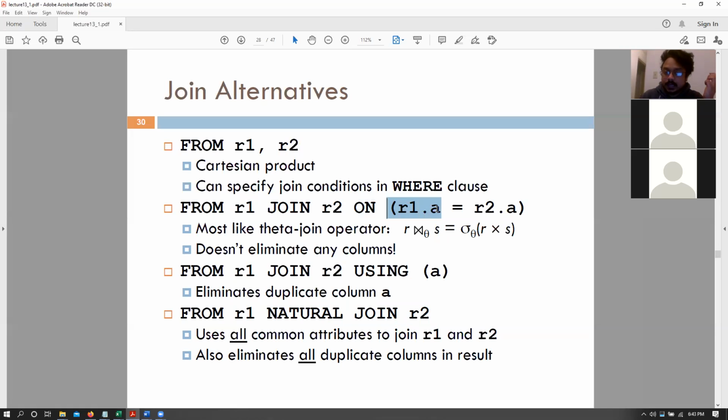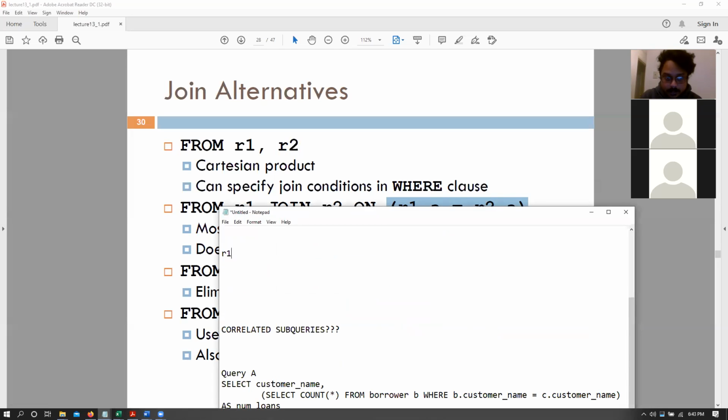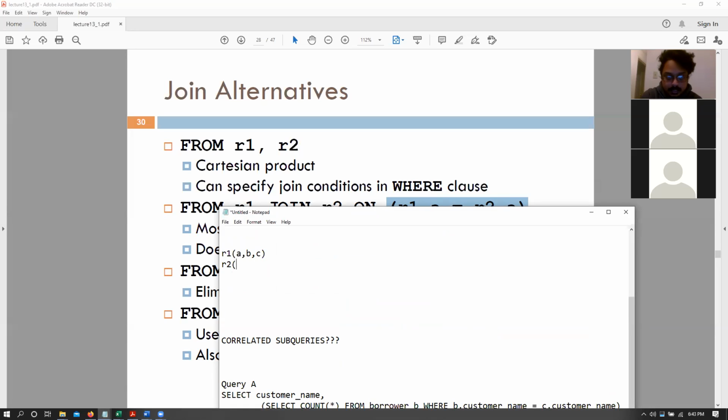Here we are saying where, so on R1.a equals R2.a, right? So you can imagine the case where let's say that R1 has A, B, C attributes, right? R2 has, let's say, A, B, D attributes, right?